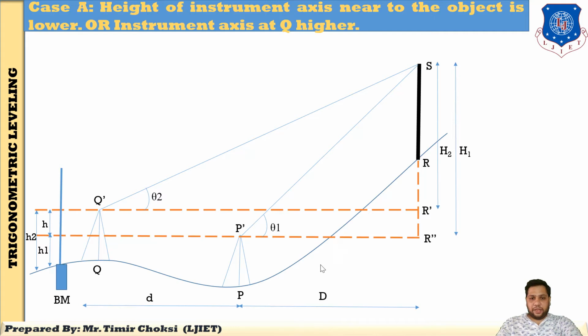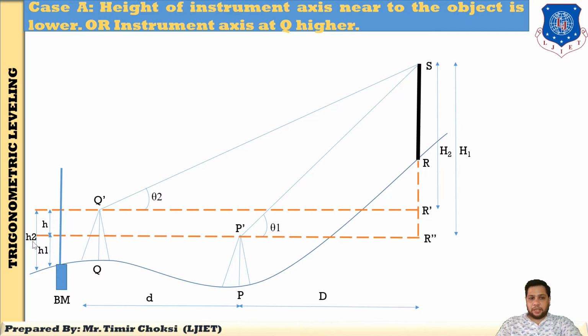Now you clearly see in the figure that capital D means the distance between the instrument station and the object. Small d means the distance between the two instruments P and Q. Now small h2 minus small h1 is equal to small h, and capital H1 minus capital H2 is equal to P dash Q dash, the distance between P dash and Q dash, which is also small h.